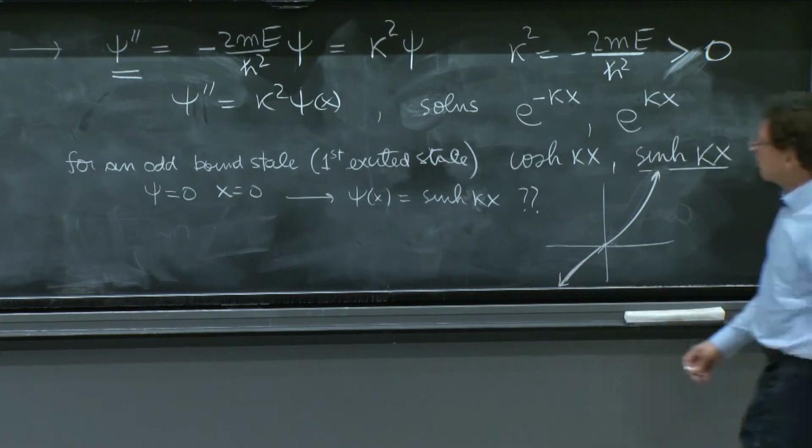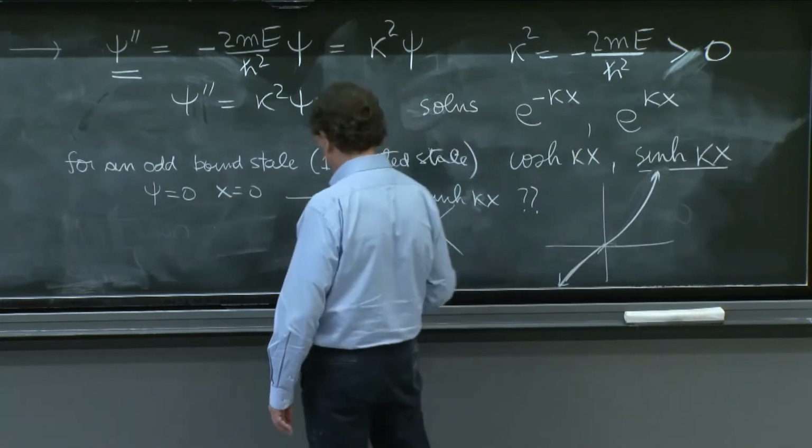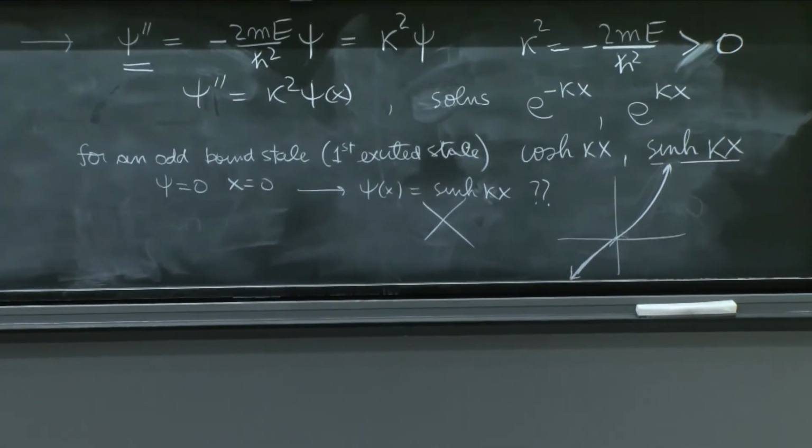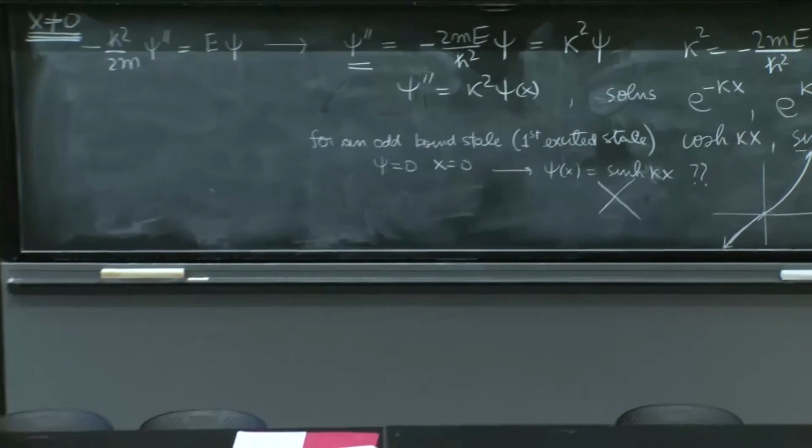So there's no such solution. You cannot have an odd bound state. So since the bound states alternate, even, odd, even, odd, even, odd, you're stuck. You only will have a ground state if we're lucky, but no excited state that is bound.